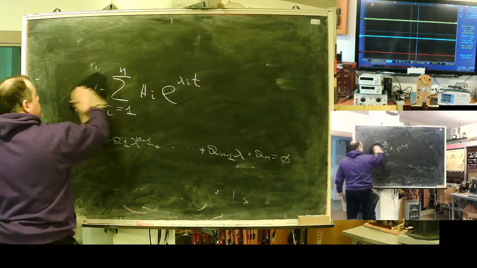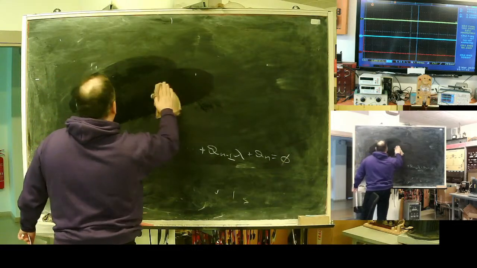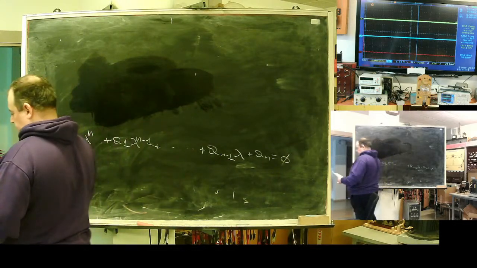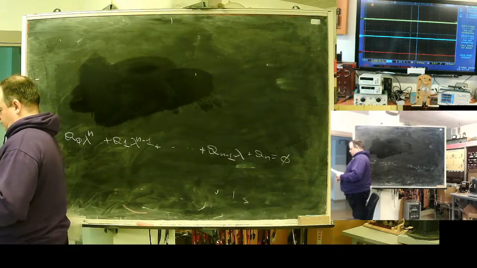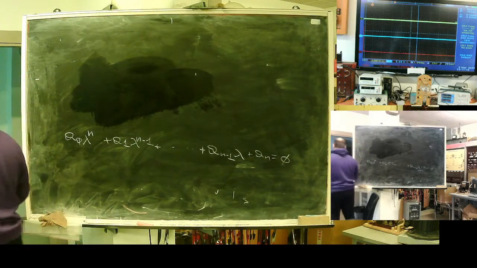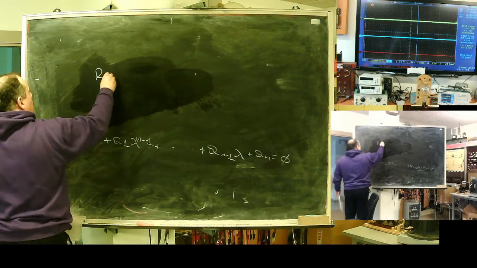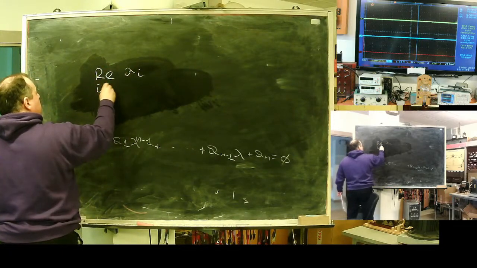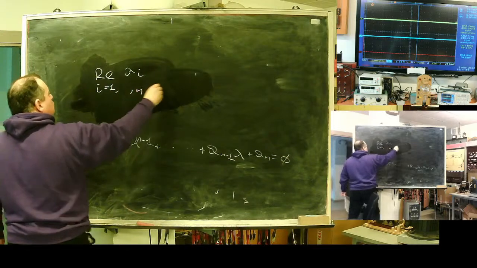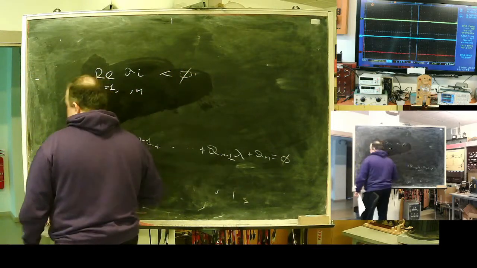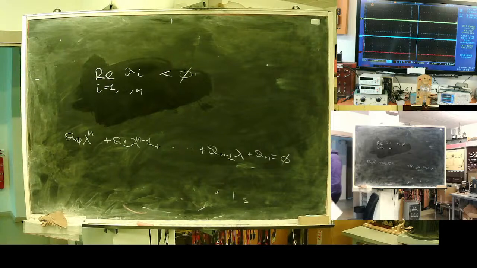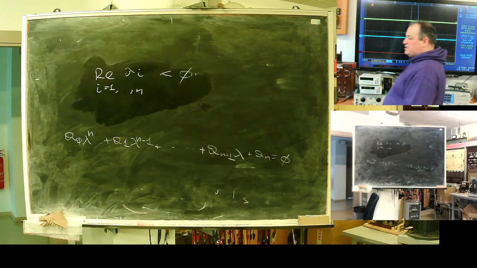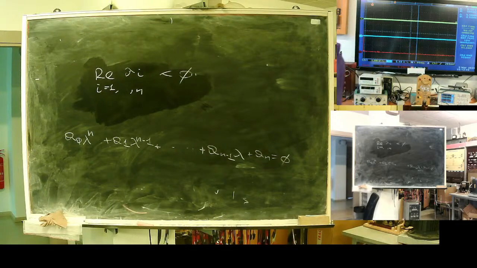We can assume one thing. If the real parts of lambda_i, for i from 1 to n, are less than 0, this means the system is dissipative and stable.